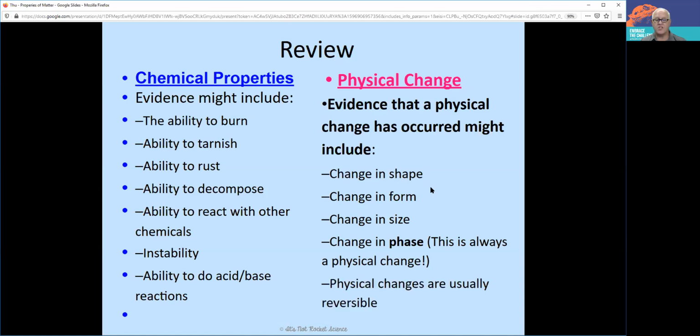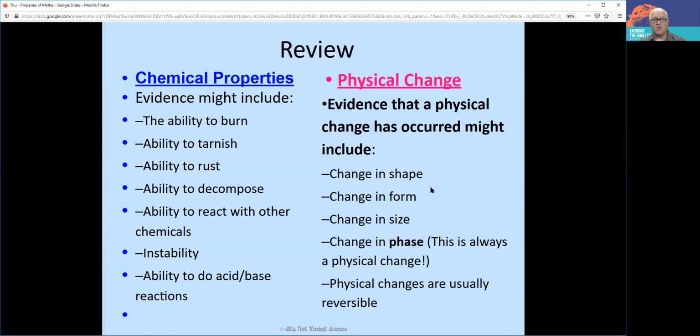And physical changes are usually reversible. So if I cut a piece of wood, I can combine it back together again. If I grind up metal and make metal shavings, I can remelt them down and put them back together to make that metal. Physical changes can always or usually be reversible.